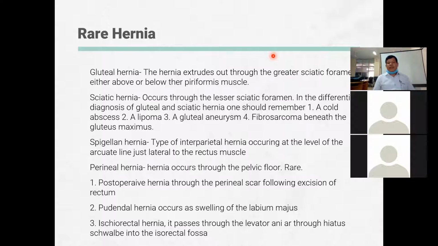So, in this line, just lateral to the rectus muscle, it is almost Monro's point, on the right or left side.